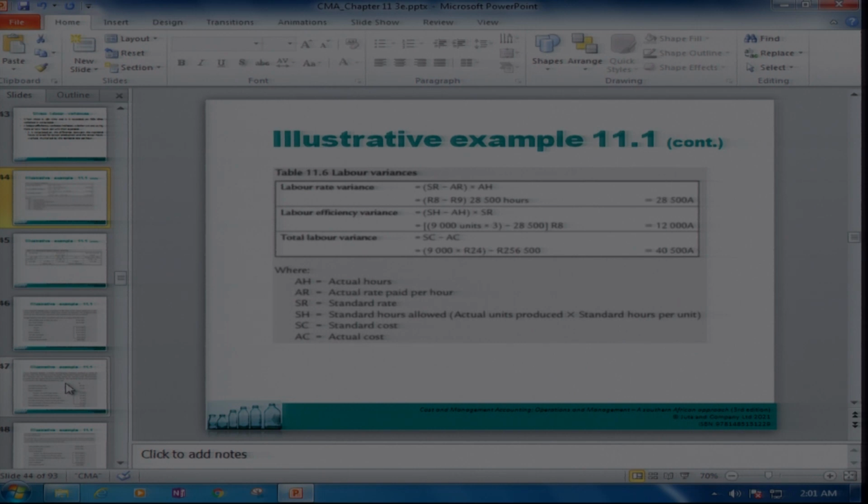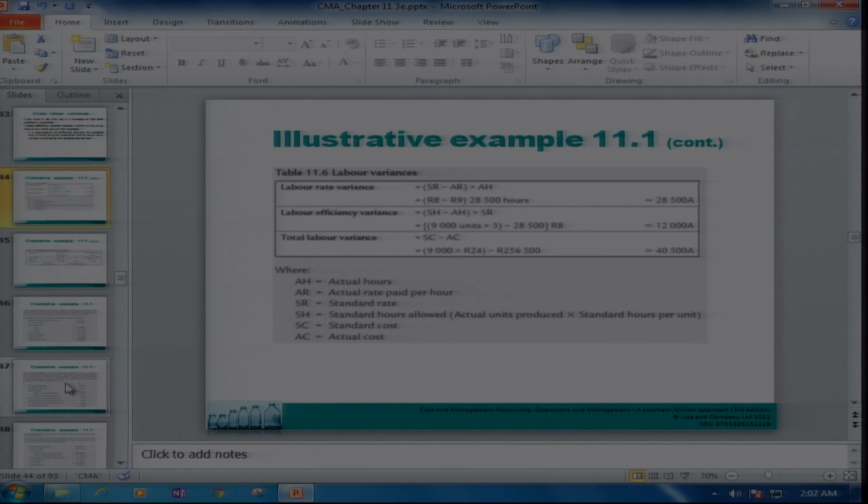And then the total labor variance will be the standard cost minus the actual cost. So the standard cost will be the 9,000 units that we actually produced, multiplied by the rate for the labor that was budgeted, which is 24 rand. So when you say 9,000 multiplied by 24 rand, you will get your standard cost, which is 216,000, minus the actual cost of labor, which is 256,500.